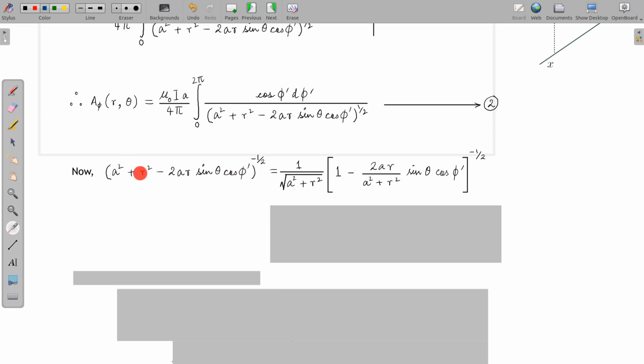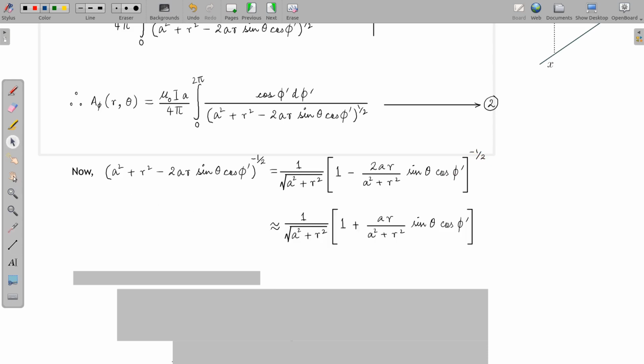That quantity gives me 1 here. So what is left behind is 1 minus twice a r by a square plus r square into sine theta cos phi prime, to the power minus half.